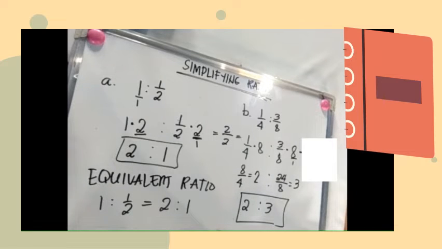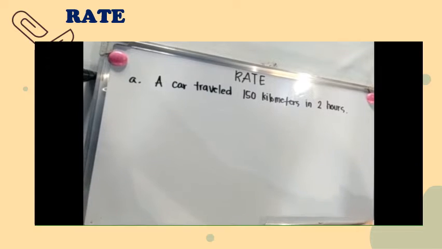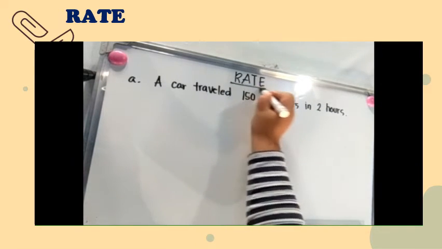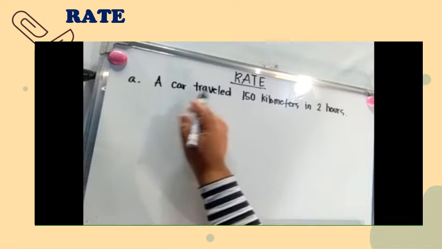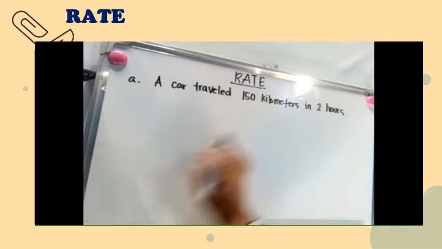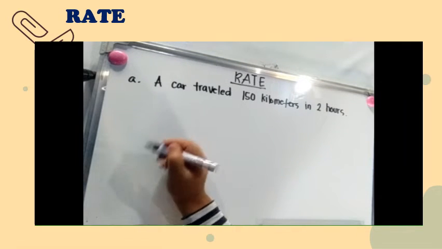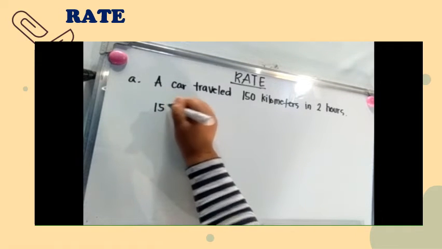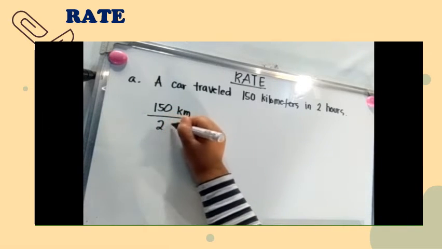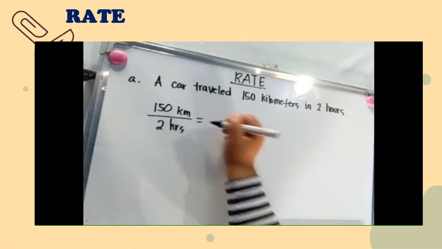Okay? Sabtan? Very good. Okay, so let us have example letter A in rate. So, we have a car traveled 150 kilometers in 2 hours. So, pila man ang iyang rate, anak class? So, we have 150 kilometer over 2 hours. So, pila ang iyang rate?